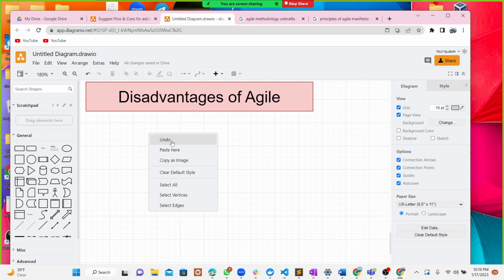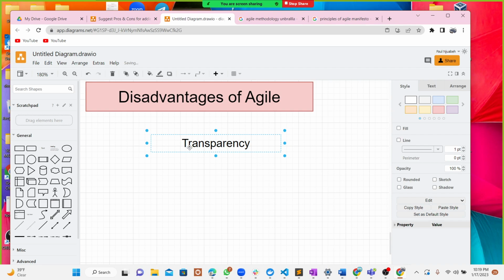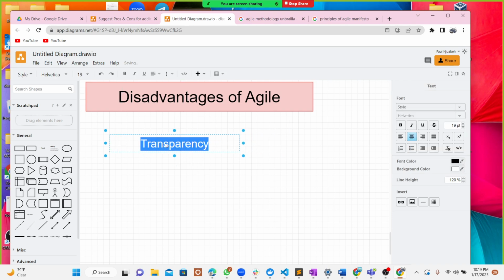Because there's customer input, they sometimes do not know what they want. They'll keep talking to the team member and say, we wanted something, but we don't really know what we want. So that's a problem.